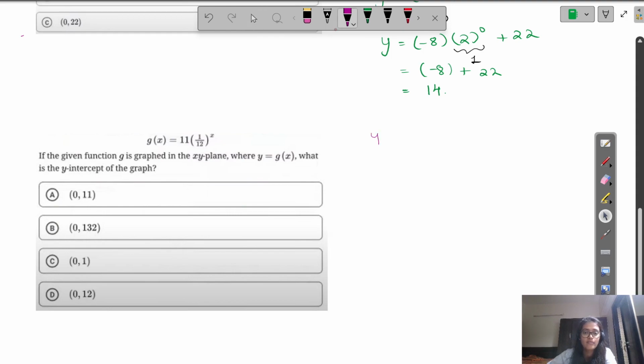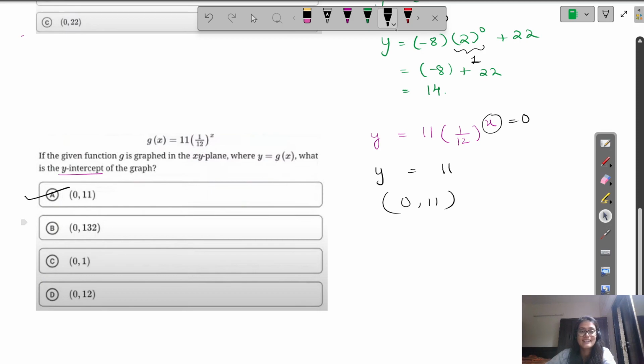You have y is equal to 11 times 1 over 12 raised to x. You have to find out the y-intercept, so you put x is equal to 0. 1 over 12 raised to 0 becomes 1, and you get y is equal to 11. So the y-intercept will be 0, 11.